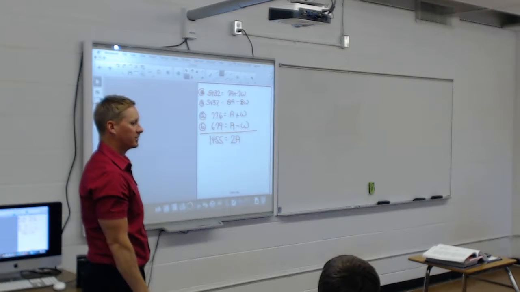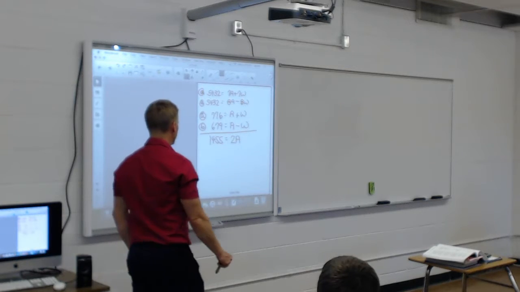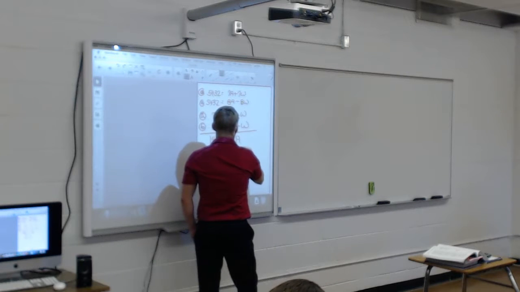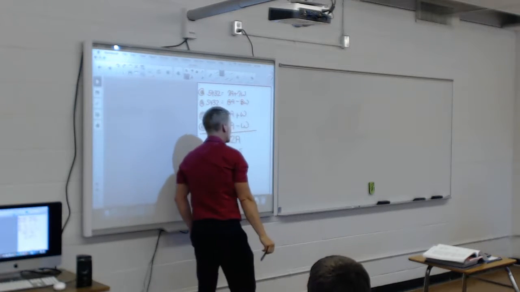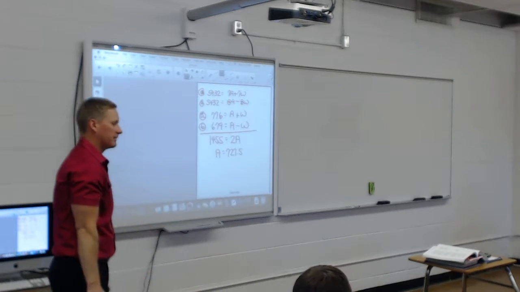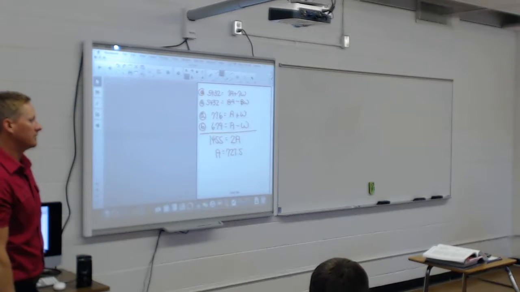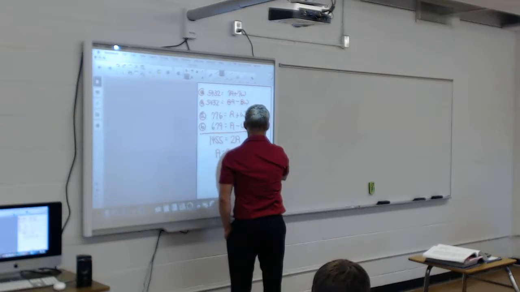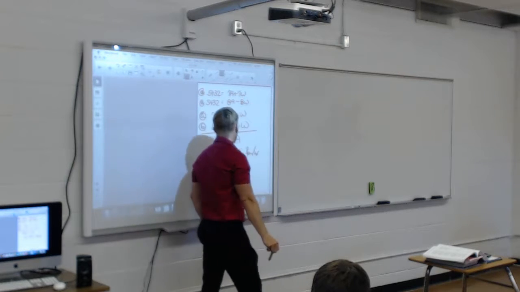One W subtract W, 0. So divide by 2 and A is equal to 727.5. So the plane speed then is 727.5 kilometers an hour. Right. So we'll add that in there.